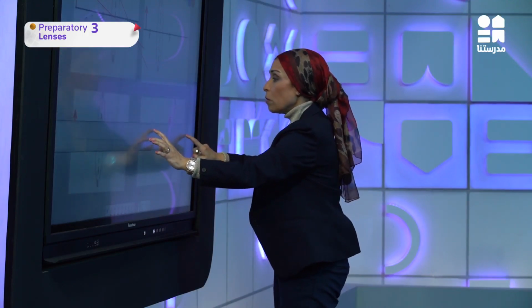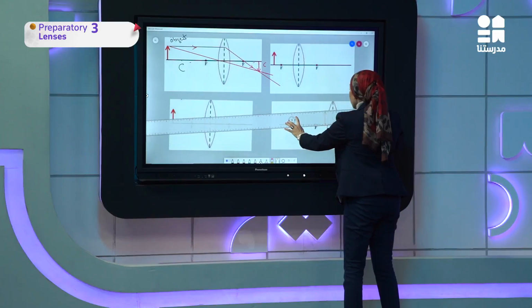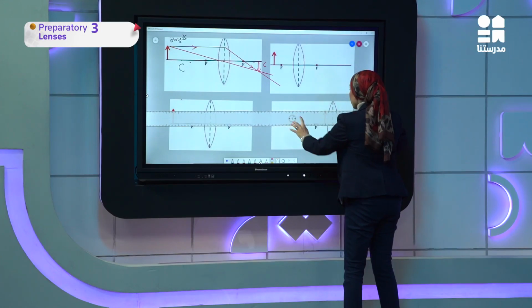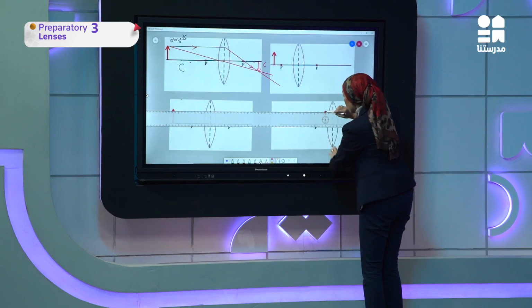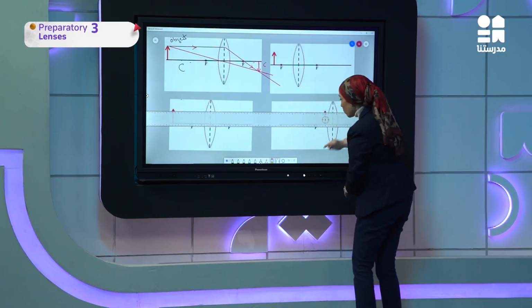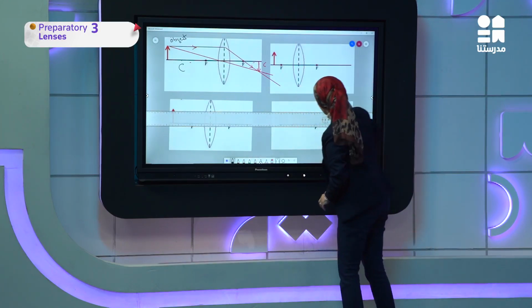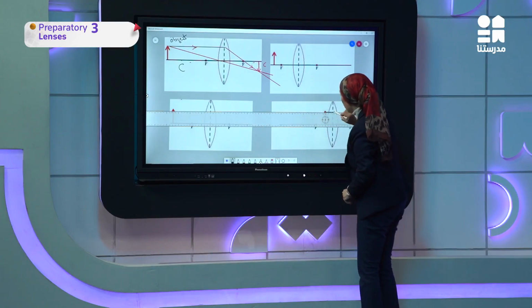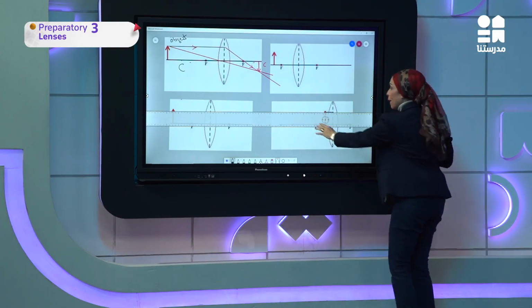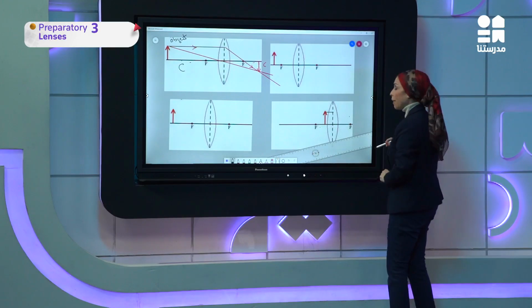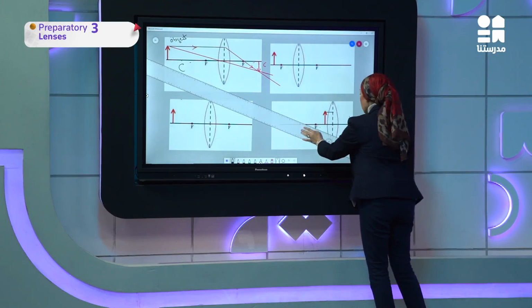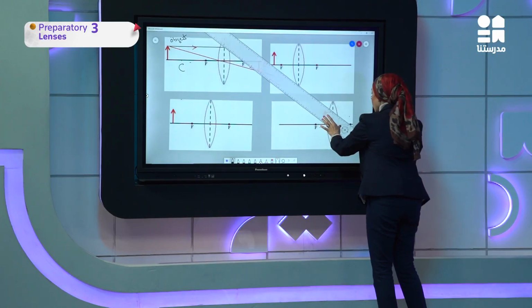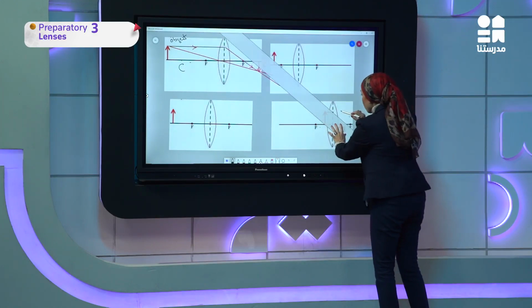First, this is the first ray, from the object to the middle part of the lens. Can you see it? Then it will refract how? Passing by the focus, quickly, passing by the focus.